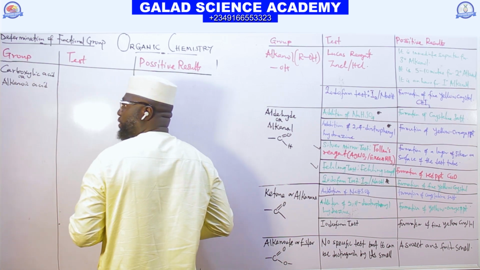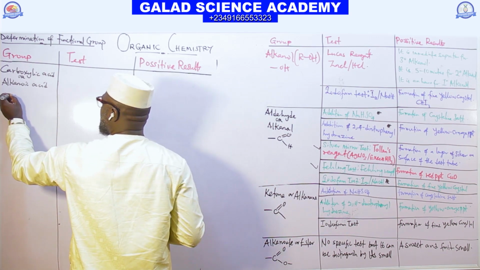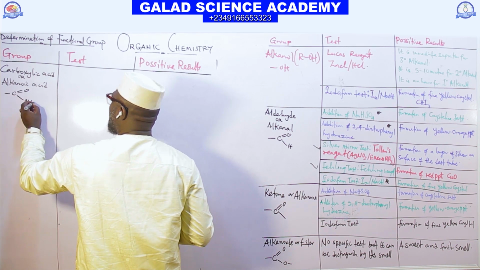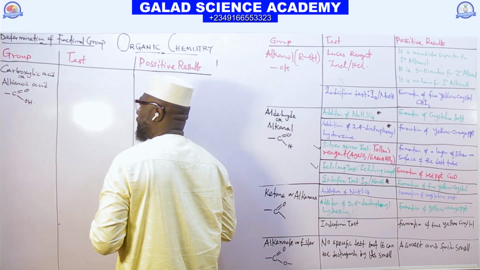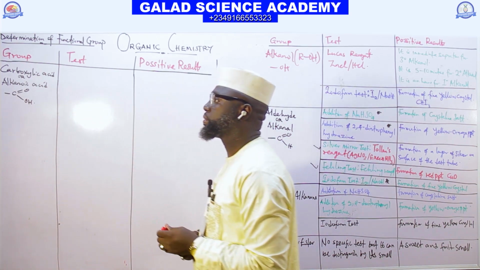And the functional group for the alkanoic acid is COOH.